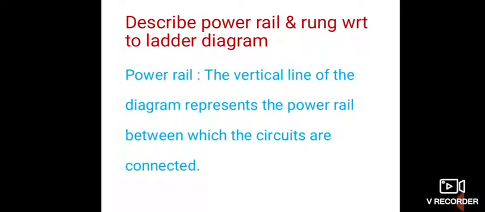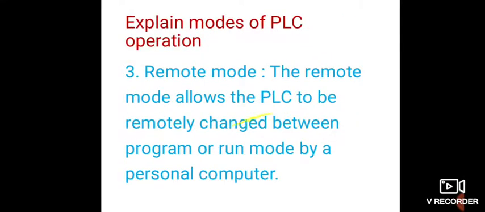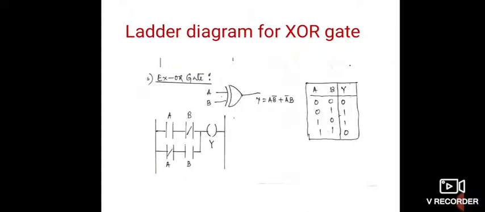Then, describe what is power rail and rung with respect to the ladder diagram. Let us go to the ladder diagram here. In the ladder diagram you are seeing two vertical lines.